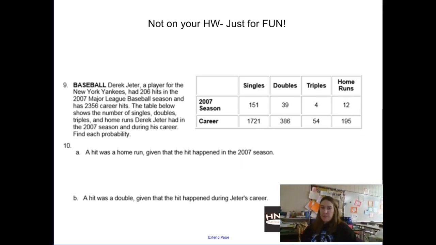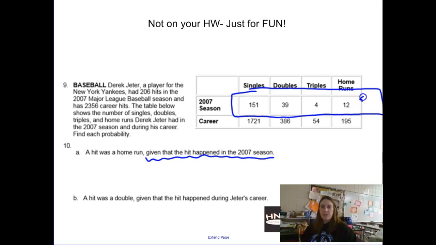So, baseball, Derek Jeter. All right. I just bounced it in this chart. Yeah. There's no totals on this chart, so that's kind of irritating. But it's some more practice with conditional probability. So given that the hit happened in the 2007 season, it means that you're only allowed to look at information right here.